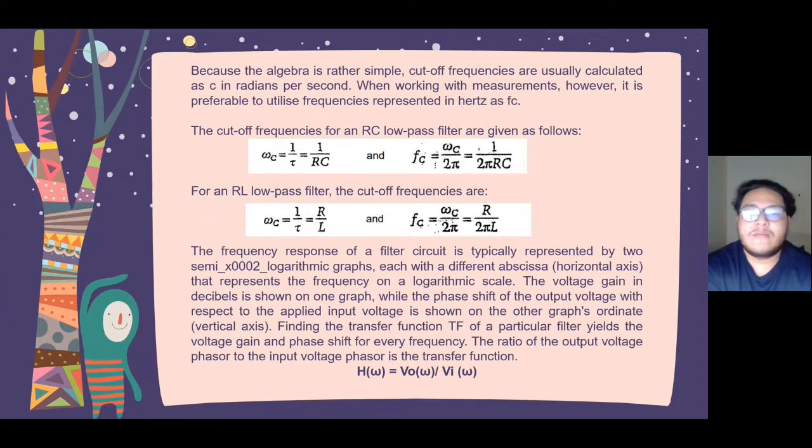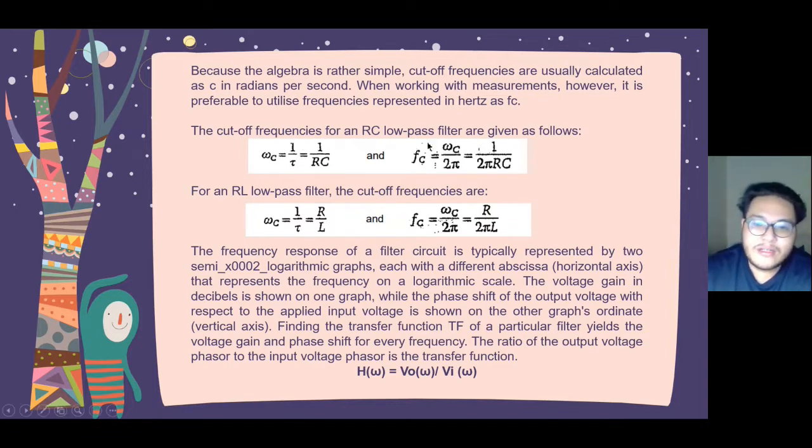Because the algebra is rather simple, cut-off frequencies are usually calculated as ωc in radians per second when working with measurements. However, it is preferable to utilize frequencies represented in Hertz as fc. The cut-off frequencies for an RC low-pass filter are given as follows.